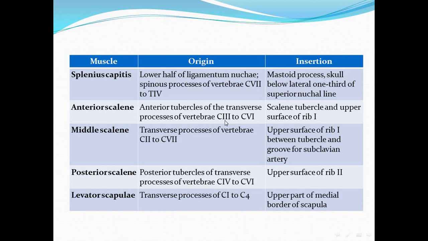The anterior originates from C3 to C6, and the middle originates from C2 to C7, so this one has a wider origin. Both of them insert on the upper surface of rib 1.